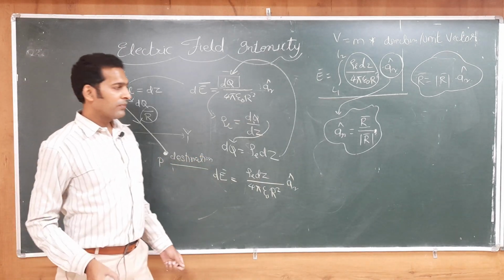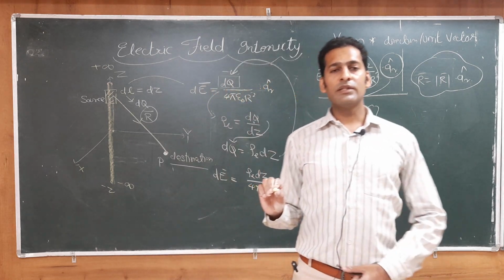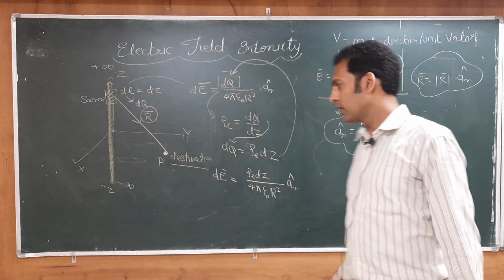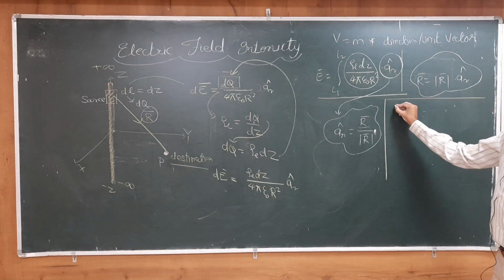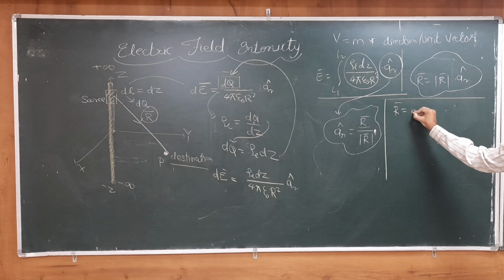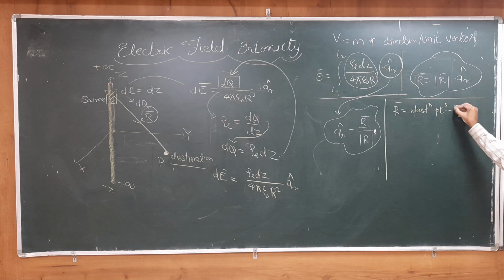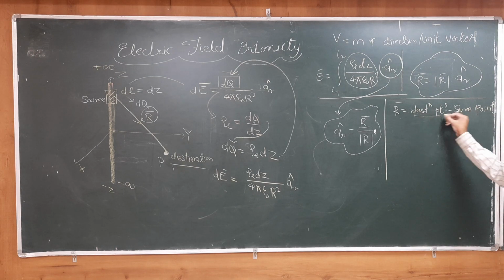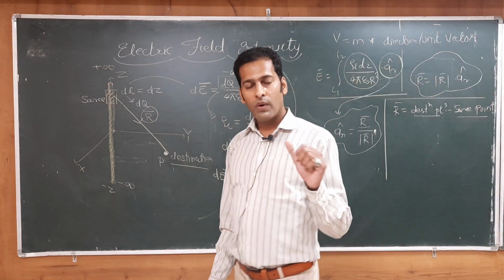In the Coulomb's law example we discussed, the calculation of r bar is destination points minus source points. So here we can write r bar is equal to destination points minus source points. Now, what are the destination points and source points? Here we have to consider a coordinate system.